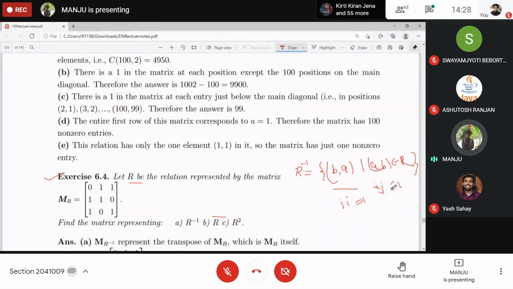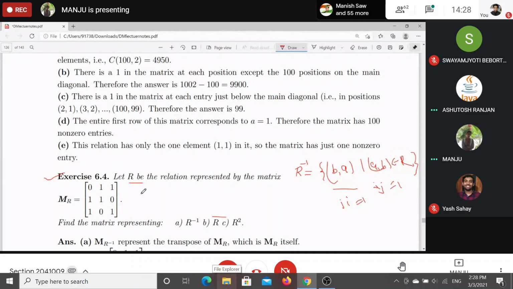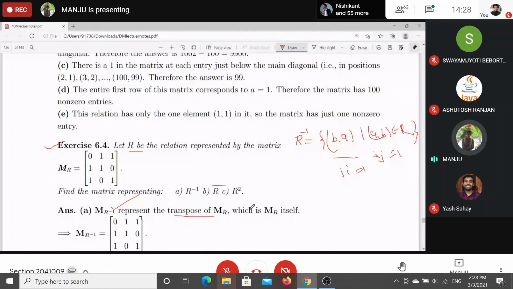So you just change ij to ji, and this comes when you take the transpose of this matrix. So MR inverse will be representing the transpose of MR. So no adjoint, nothing, only the transpose of this matrix. Clear?